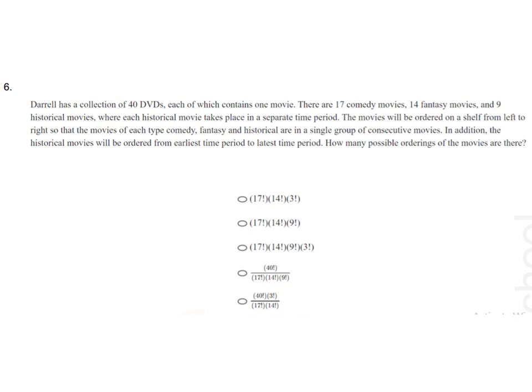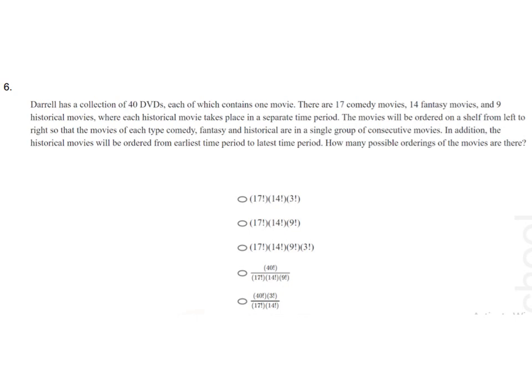The movies will be ordered on a shelf from left to right so that the movies of each type, comedy, fantasy, and historical, are in a single group of consecutive movies. In addition, the historical movies will be ordered from earliest time period to latest time period. How many possible orderings of the movies are there?